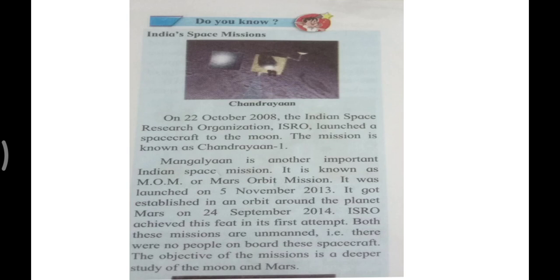Okay, now let us see India's space missions. The first mission was Chandrayaan 1. On 22nd October 2008, the Indian Space Research Organization, that is ISRO, launched a spacecraft to the moon. The mission is known as Chandrayaan 1.